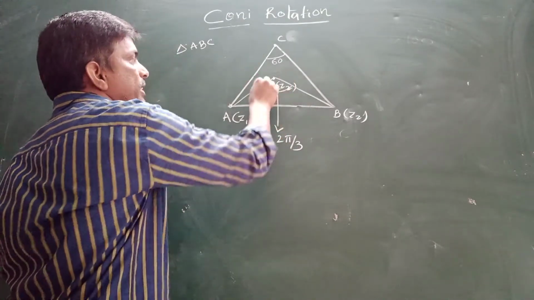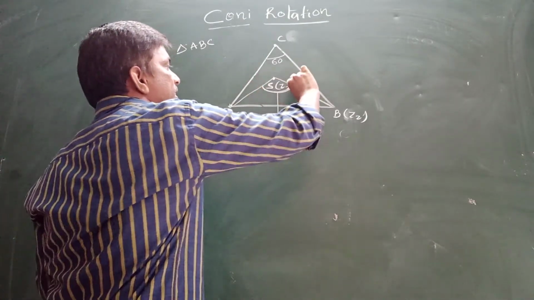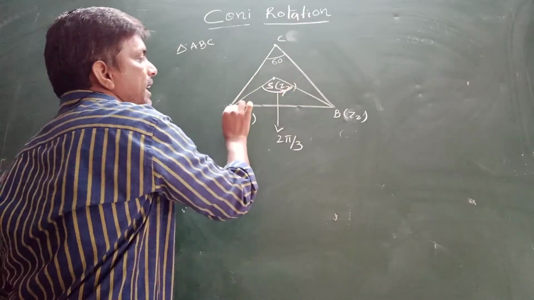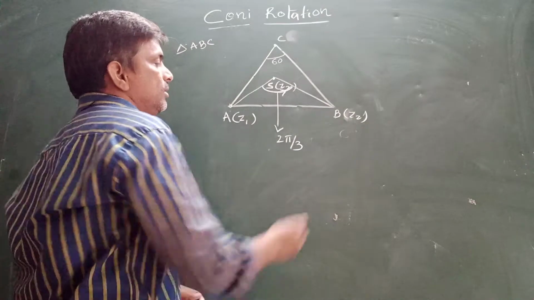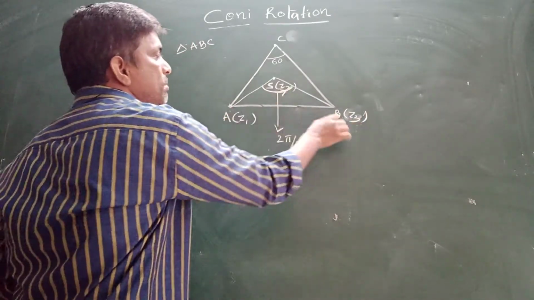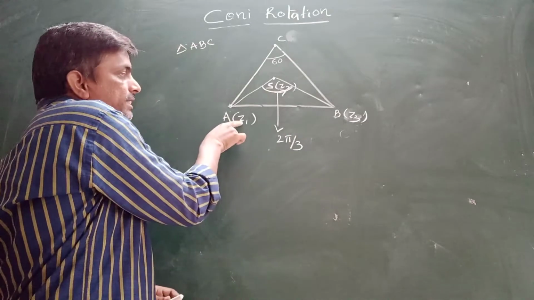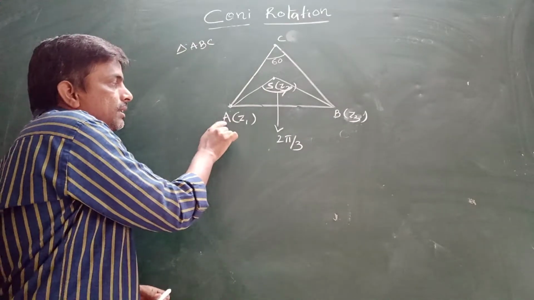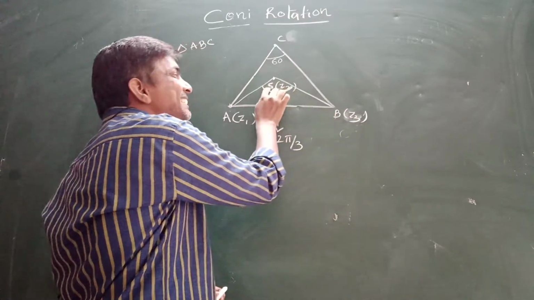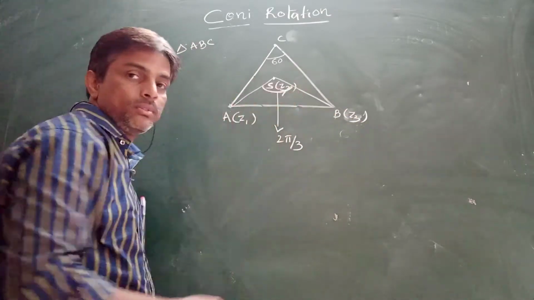Now here I am rotating in the anti-clockwise direction. SAB, I will take S as the center. Now SAB is a triangle. A is a point whose complex number is Z1, B is a point Z3, S is a point whose complex number is Z2.